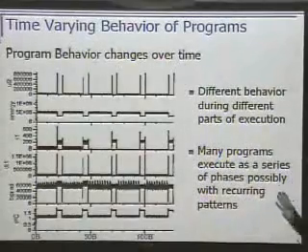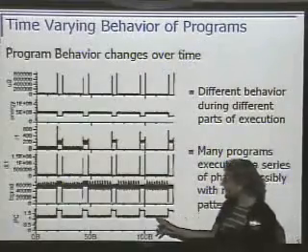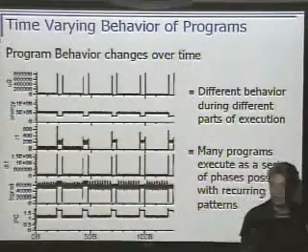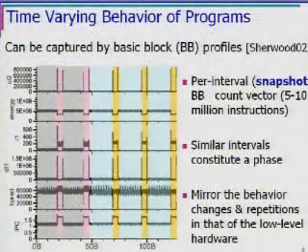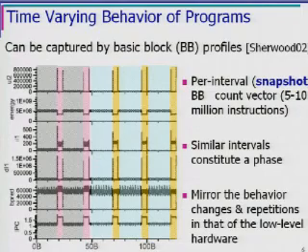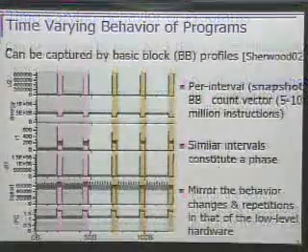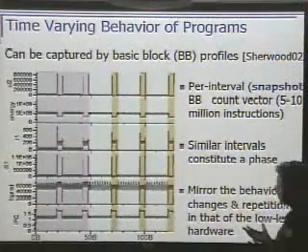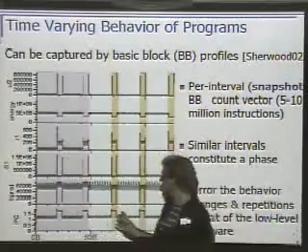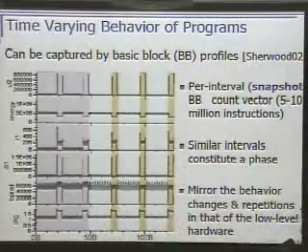So in this graph, we're breaking up the program into intervals, about 10 billion instructions per interval, and we're taking the average of the metric during that interval of time. We can combine intervals, we can look at how similar two intervals are, and that combination produces what are called phases. So in this program, we have 4 different phases occurring, and the way we come up with that is we look at the similarity between the profiles that we get from these intervals.